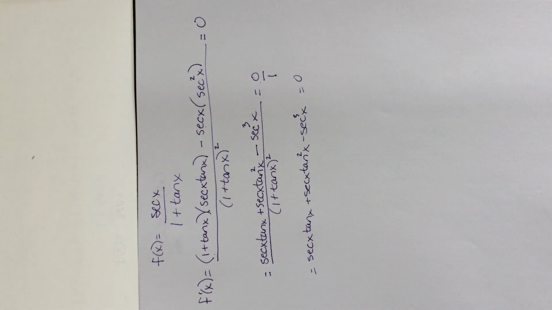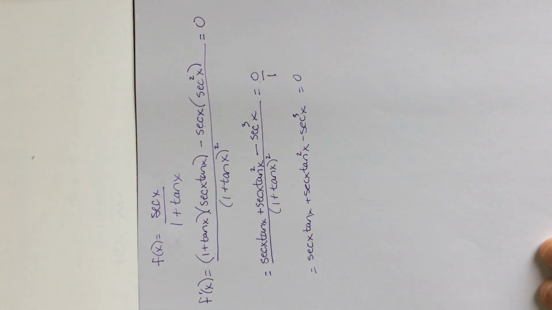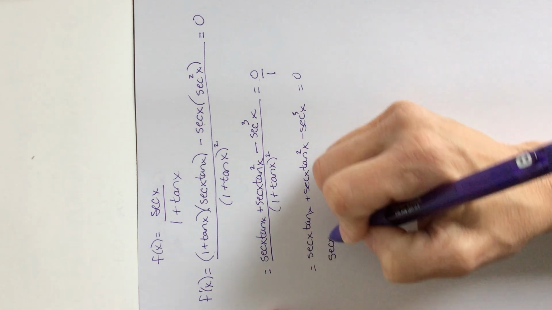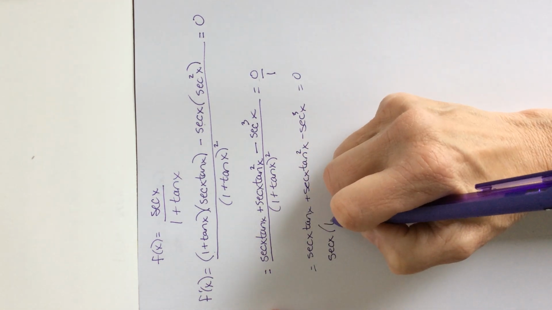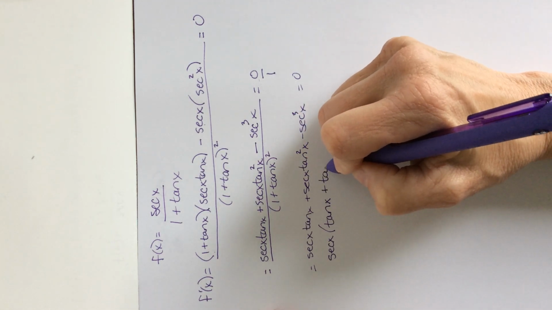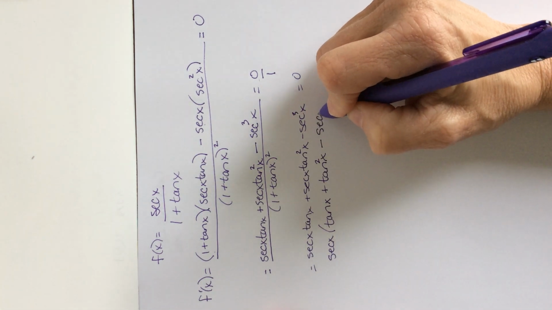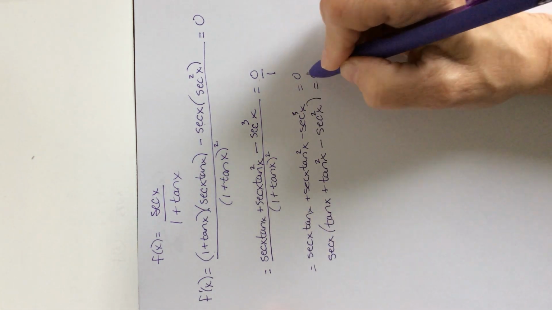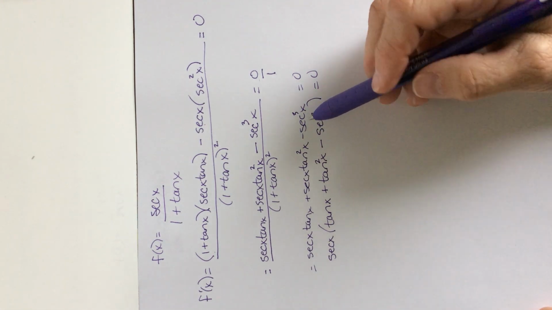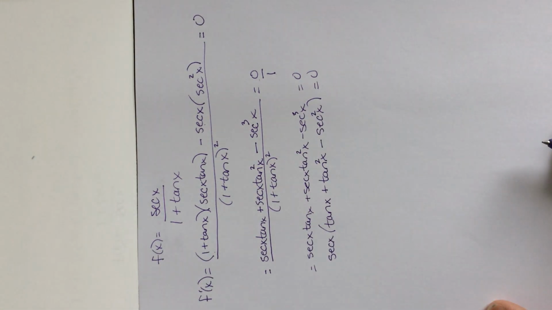What we should probably do now is ask, what do all three of these terms have in common? They have a secant. Let's factor it out. So secant of x times tangent of x plus tangent squared x minus secant squared x equals 0. The secant squared x is a result of factoring a secant out of secant cubed.